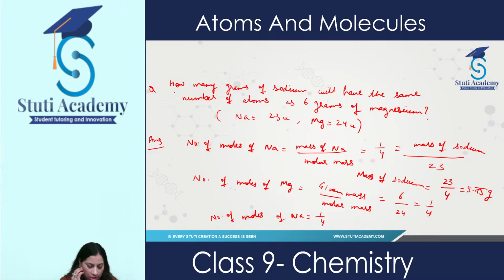This is how you'll solve this. So 5.75 gram of sodium will have the same number of atoms as 6 gram of magnesium.